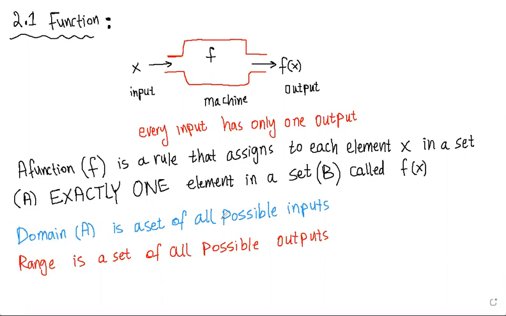The domain is a set of all possible inputs, and the set of all possible outputs is called the range. Okay, any question about this definition? Okay, so let me now graph another way how we can picture a function, in a row diagram.